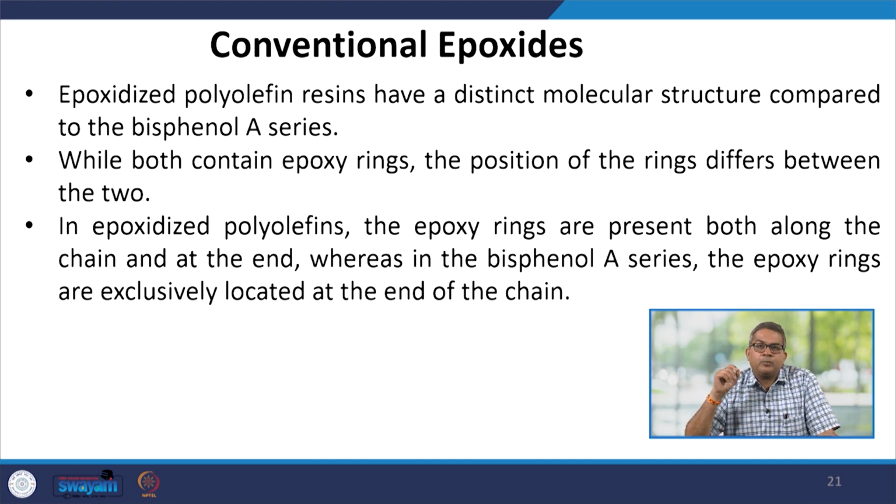Epoxidized polyolefin resins have a distinct molecular structure compared to the bisphenol A series. While both contain an epoxy ring, the position of the ring differs between the two. In epoxidized polyolefins, the epoxy rings are present both along the chain and at the chain end, whereas in the bisphenol A series, the epoxy rings are exclusively located at the end of the chain.